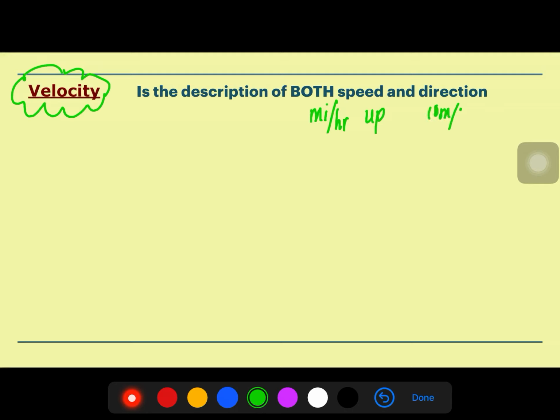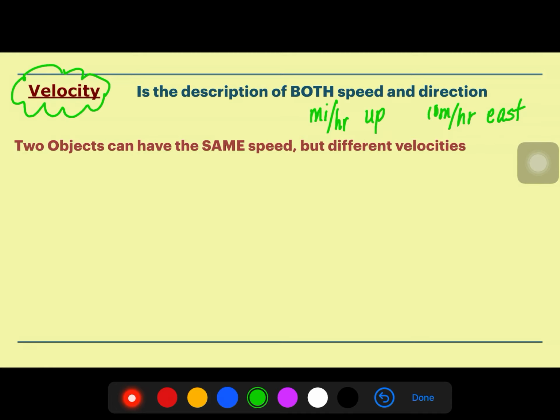I could say something is 10 miles per hour. That's speed. But if I say 10 miles per hour east, now it's velocity. Nothing too crazy with that. It is possible for two objects to have the same speed, but different velocities. So for example, I say a car is turning onto Interstate 77 and it's traveling 40 miles per hour.